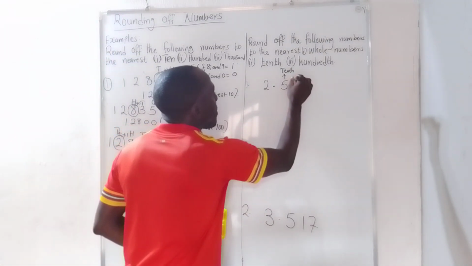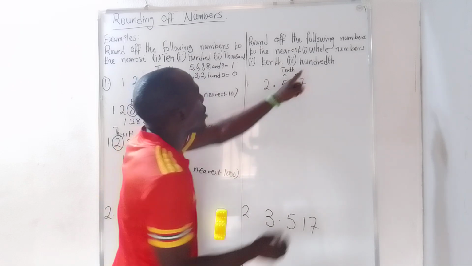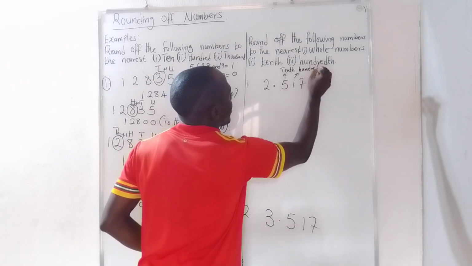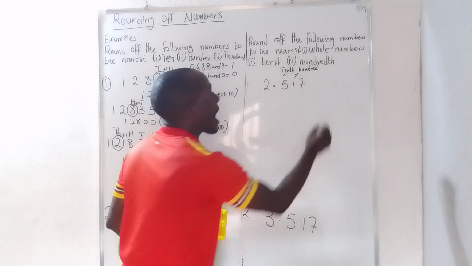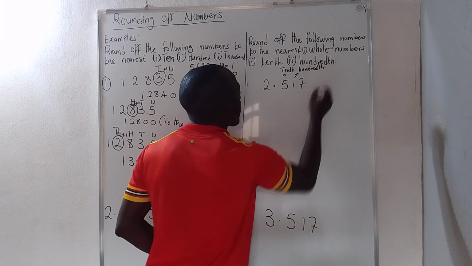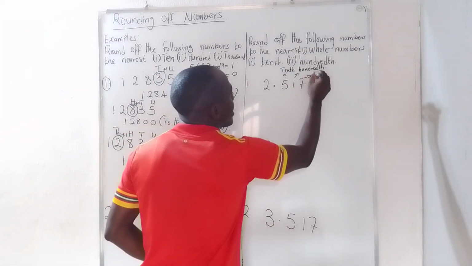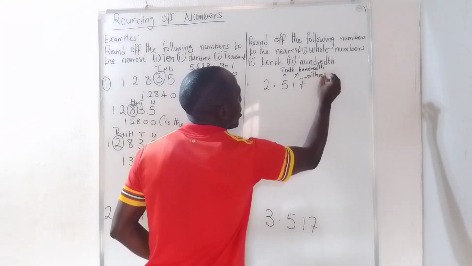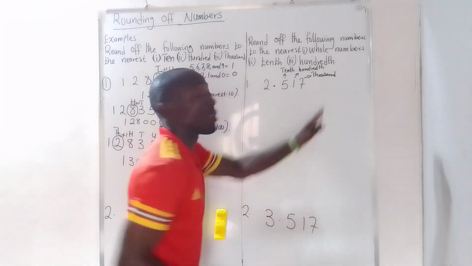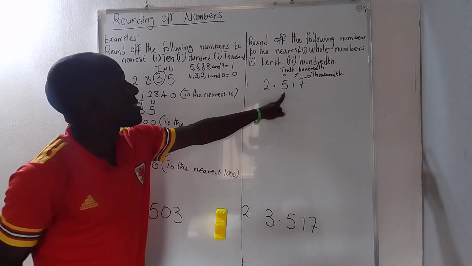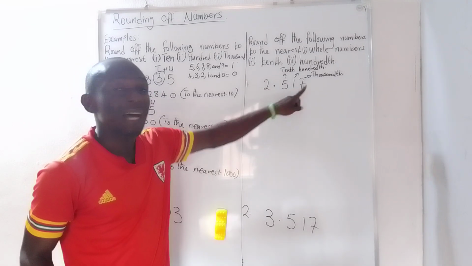Likewise, this one is labeled as hundredths. After writing 100, you add th. Then this one is labeled as thousandths. After writing your thousand, you add th. So this is tenths, hundredths, and thousandths.